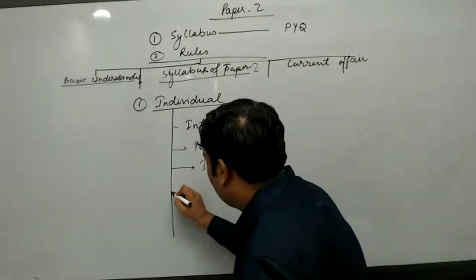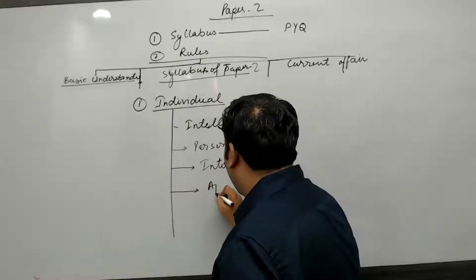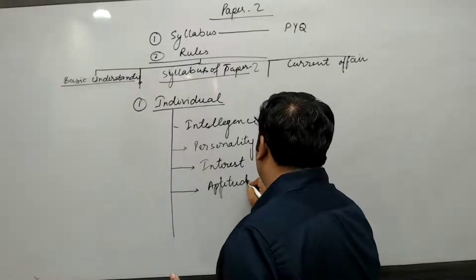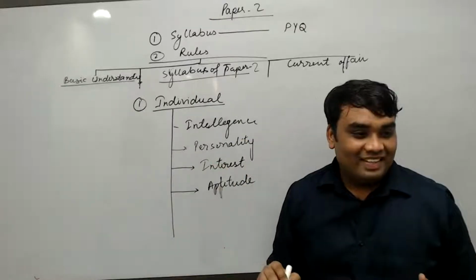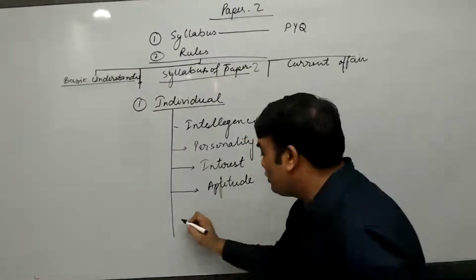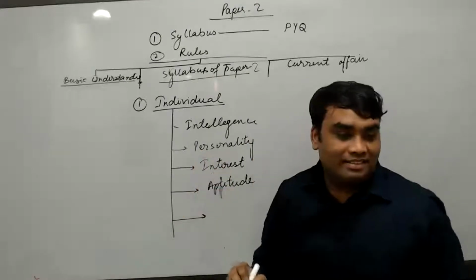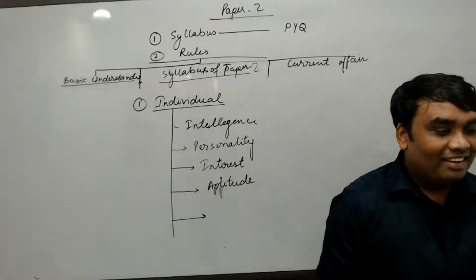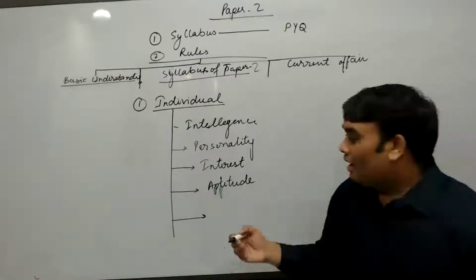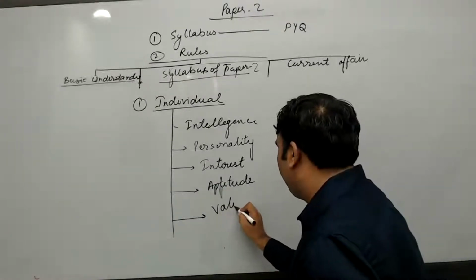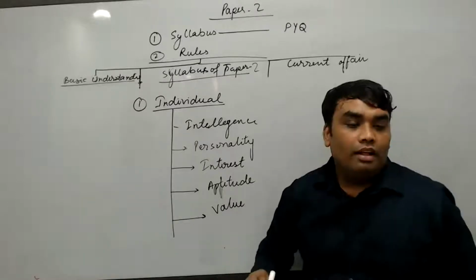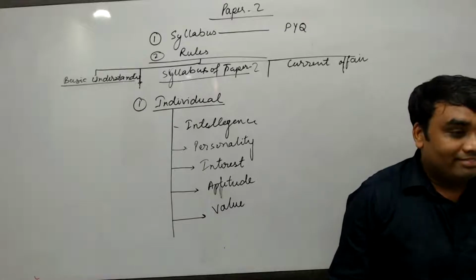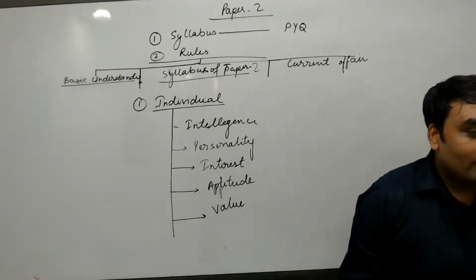And next, on the basis of aptitudes we are different. On the basis of values, we are different at the level of values. We are different at the level of attitude also.